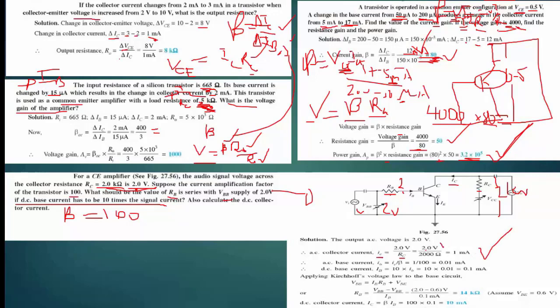Kwa vile tumetumia AC collector current, even this current inakuwa ni AC. Okay, so be careful, sometimes they use AC, DC, they just confuse you. Okay, so we know kwamba tunapoongelea amplification factor ni IC over IB. So when we use DC tutatumia DC amplification factor, when we use AC tutatumia AC amplification factor.